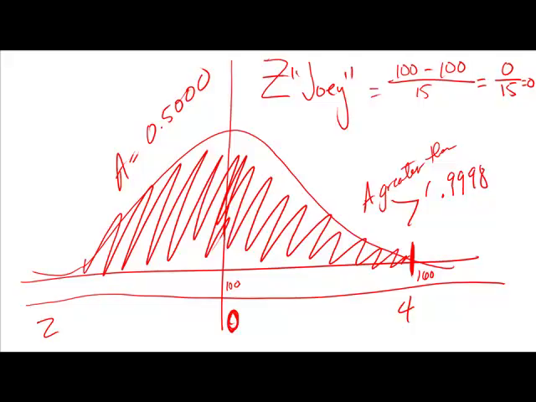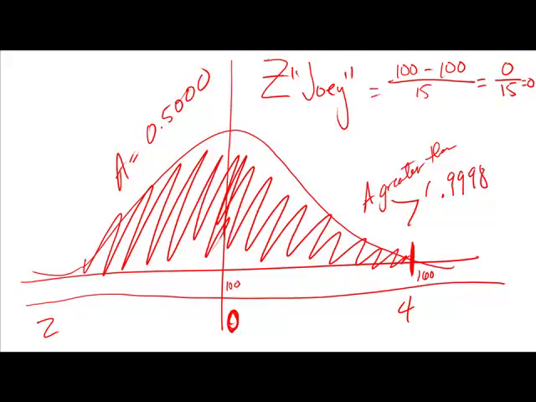So tenths, hundredths, thousandths, 10,000ths. So if you had 10,000 people surveyed, Einstein would be in the top 2 people. Does that make sense? That's how rare a z-score of 4 is.